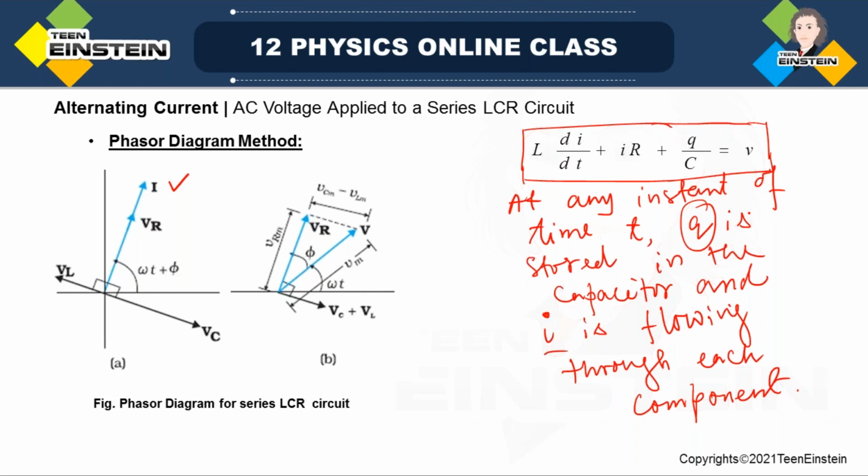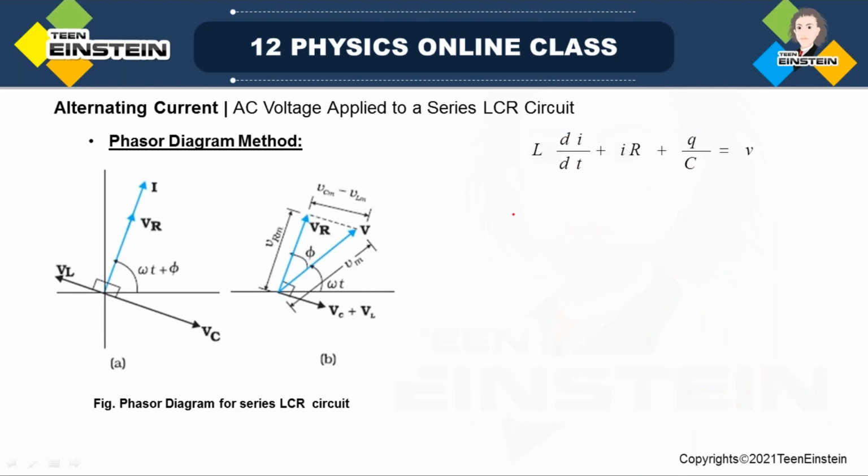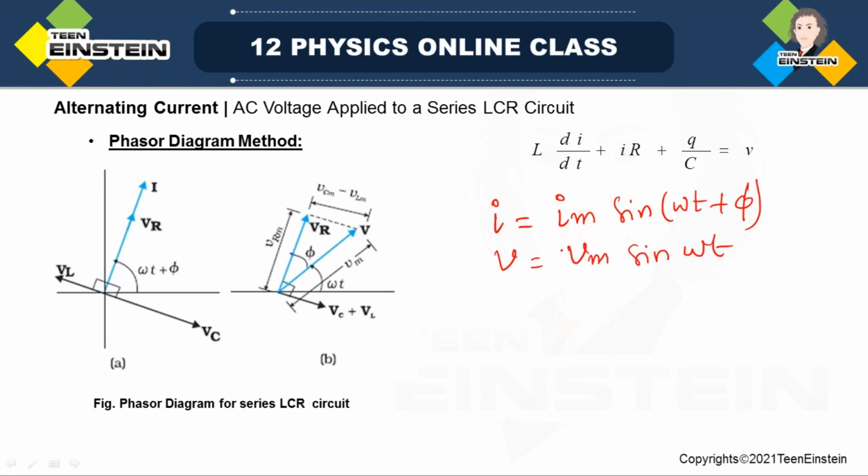Now what we have to do is draw the phasor diagram. To draw the phasor diagram, we are just assuming that the instantaneous current is I equals Im sine omega t plus phi, and the voltage is the same, sine omega t.